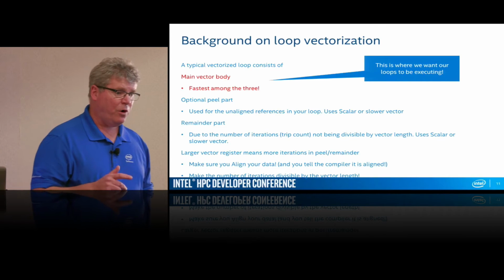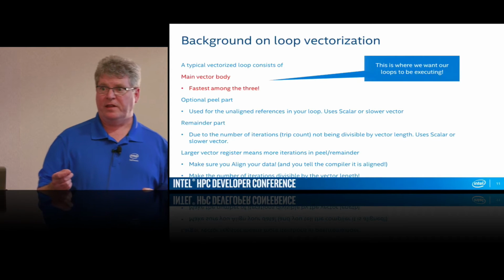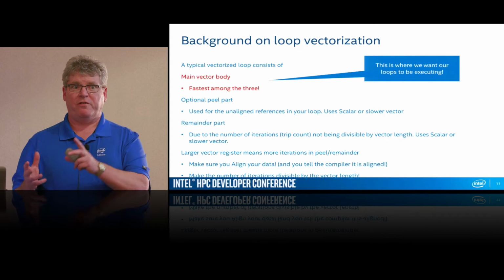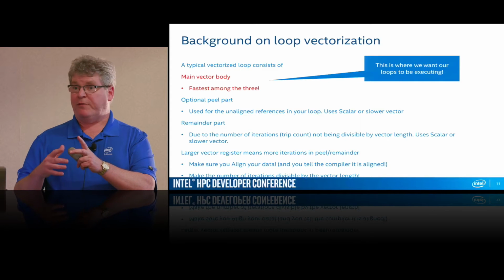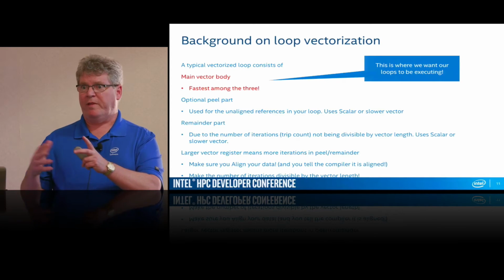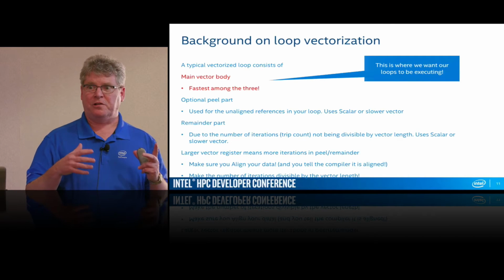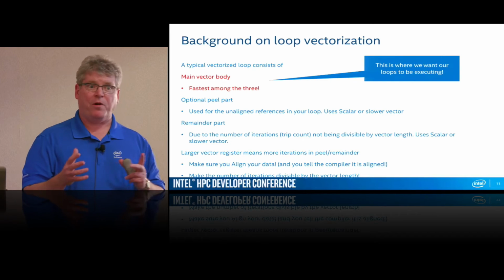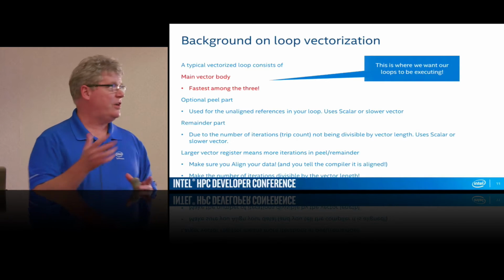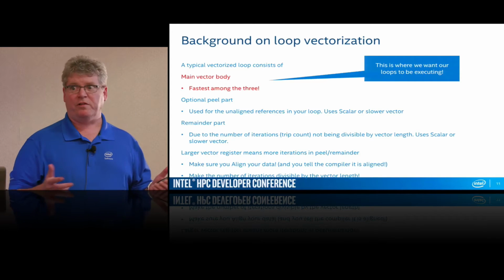If your trip count is not divisible by your vector length, then you're going to have a portion of that leftover, which gets put into a remainder loop. It's not able to form a complete vector because there aren't enough elements to form a complete vector. So that leftover part gets put into a remainder. In general, those use either scalar or slower vector instructions.